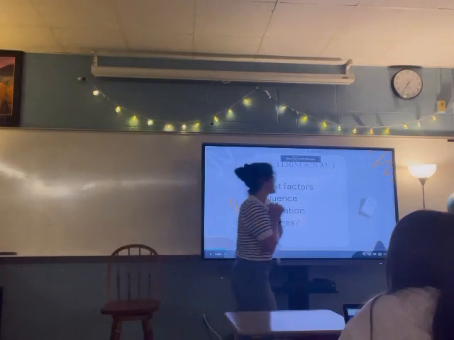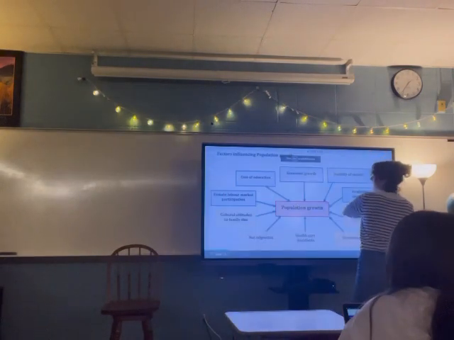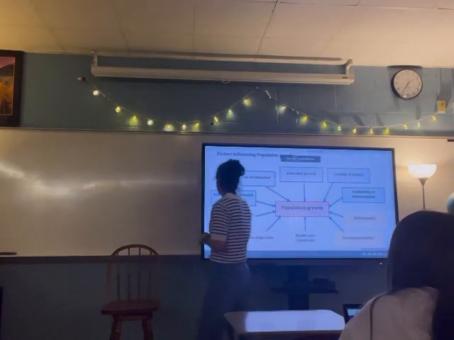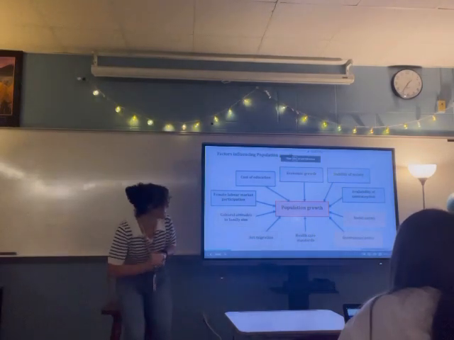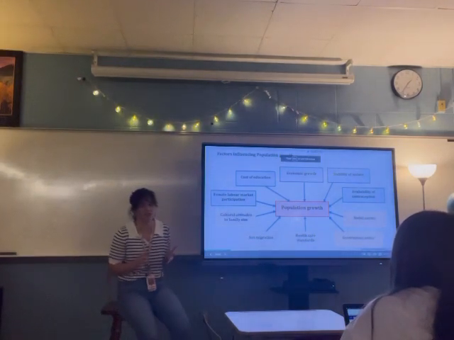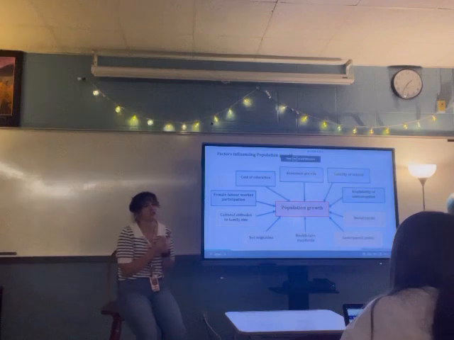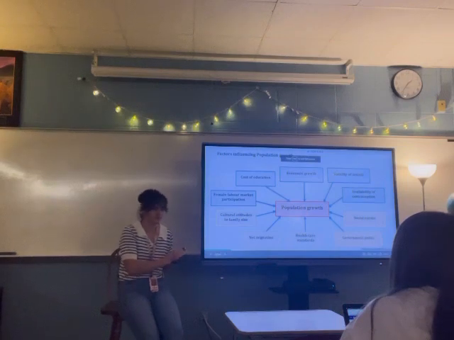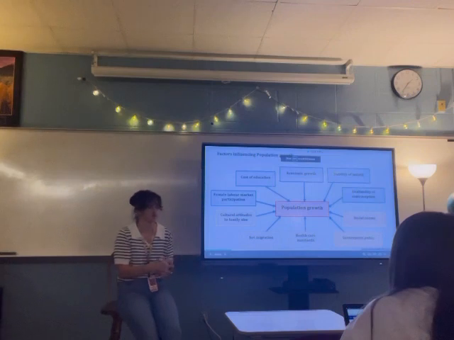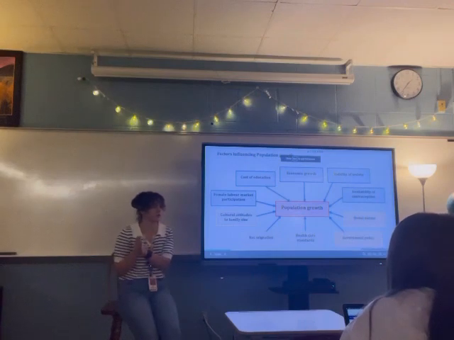A couple more. Some of these you might not have even thought of before. One of those things is going to be cost of education. So if education is expensive, are people going to have more or less children? Less children, right? The fewer kids they have to pay for to go through school, the better.